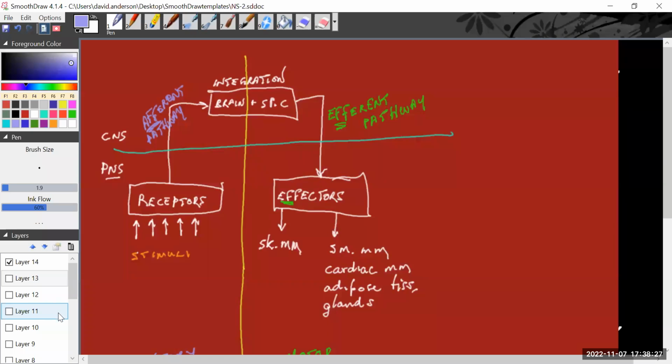Nobody can answer me, and it's right there, right in front of you. Cardiac muscle, adipose tissue, glands, and skeletal muscle.